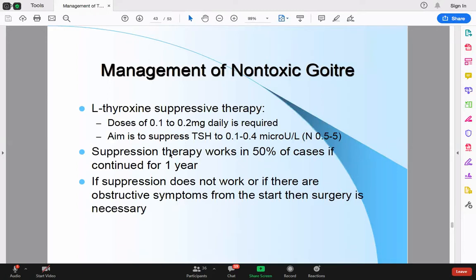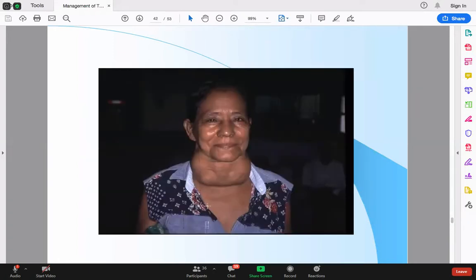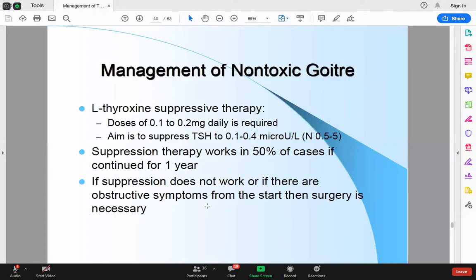Notice that the doses are less than the ones for Hashimoto, and the aim is basically to suppress the TSH to a normal level. And if you have any obstructive symptoms, you have to make sure the goiter itself is not compromising the airway or the swallowing, because if that's the case, they will need urgent surgical intervention.